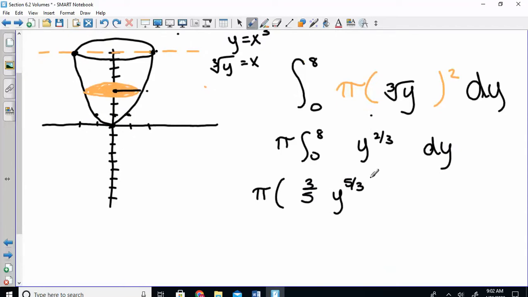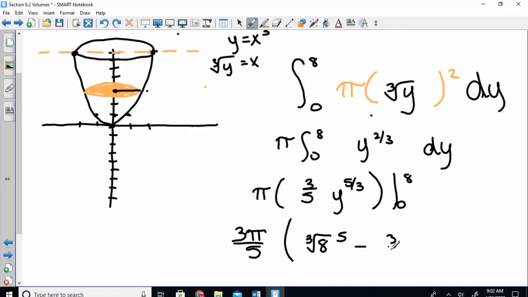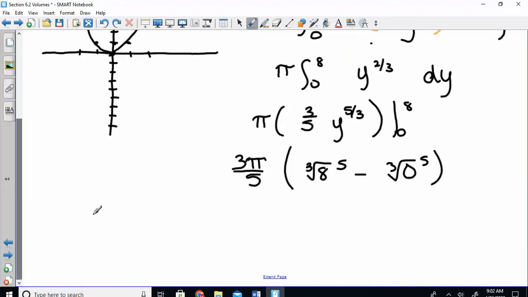So that means we need a 3/5 in front, from 0 to 8. I'm just going to go ahead and evaluate this. Can I pull out the 3/5 as well? So that's 8 to the 5/3, or the cube root of 8 to the 5th, minus 0 to the 5/3, or the cube root of 0 to the 5th.